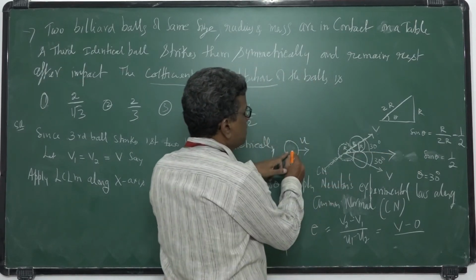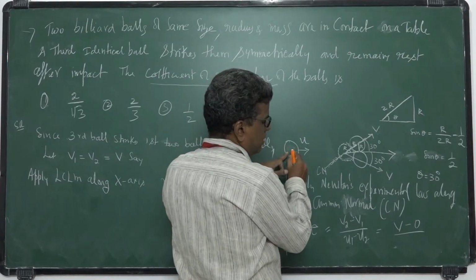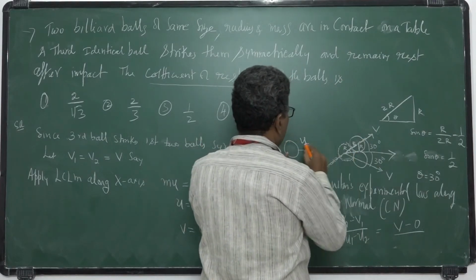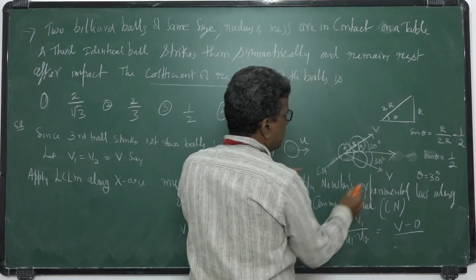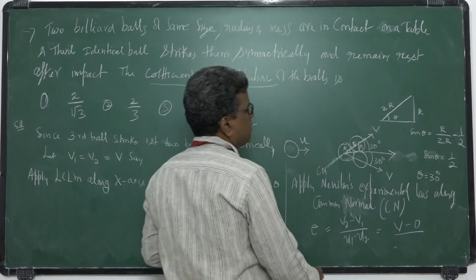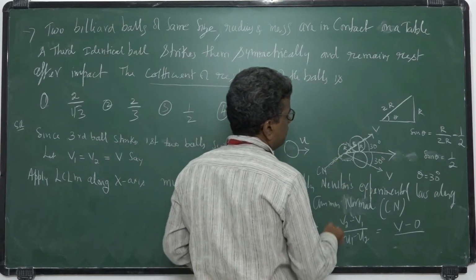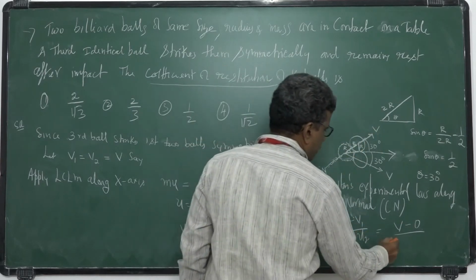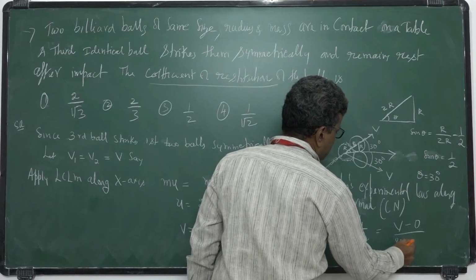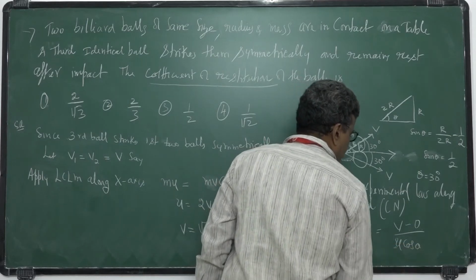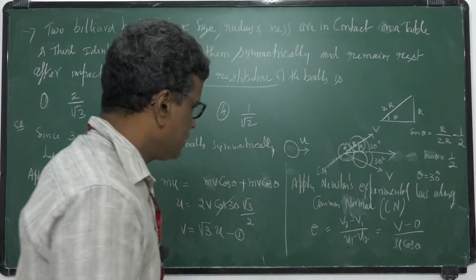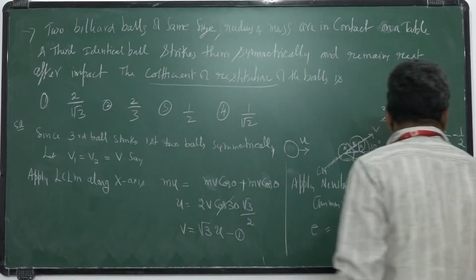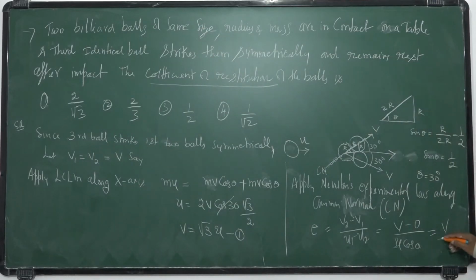So the initial velocity of the first one is u, and we want its component in this direction, which is u cos theta. Okay. So what you will get is v by u cos theta.